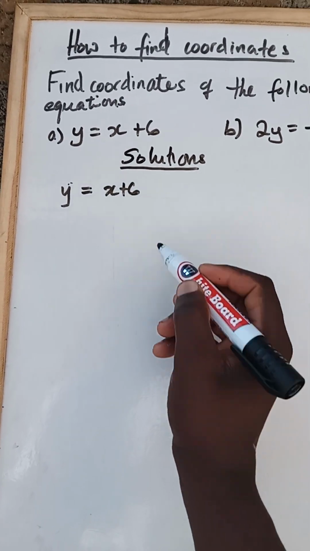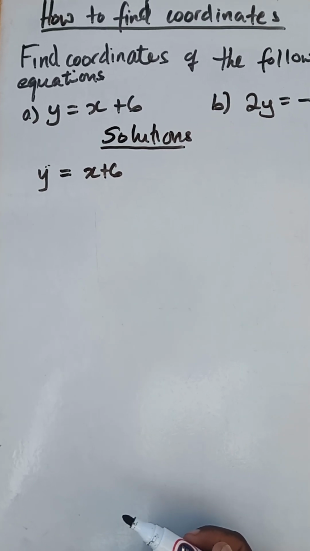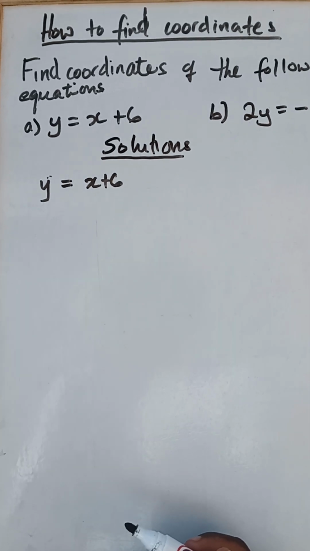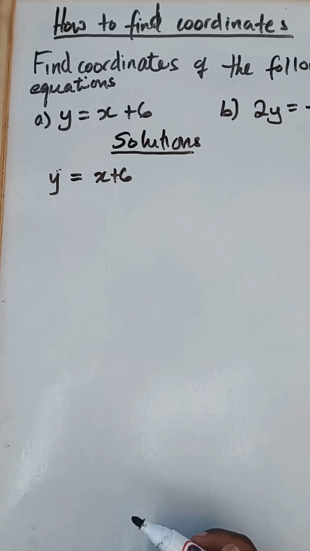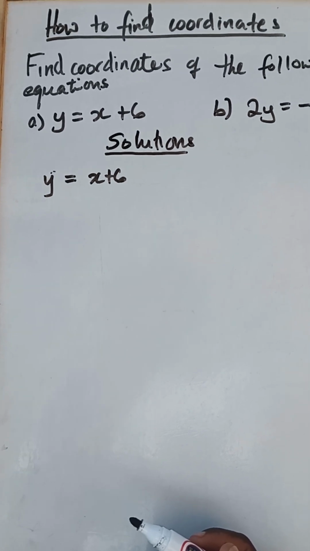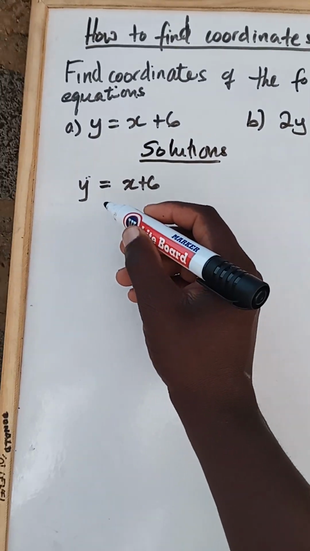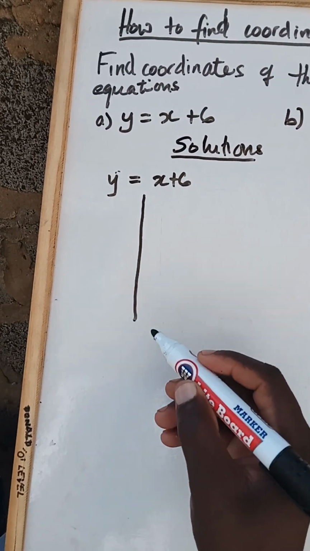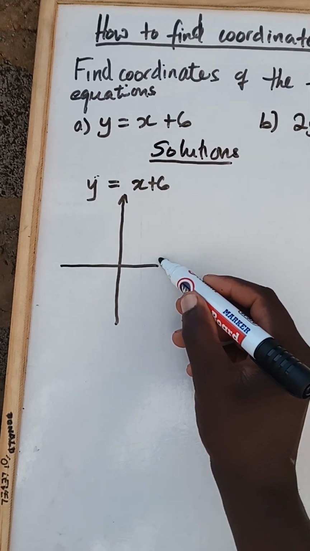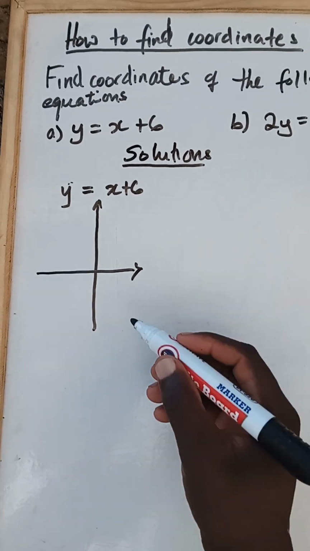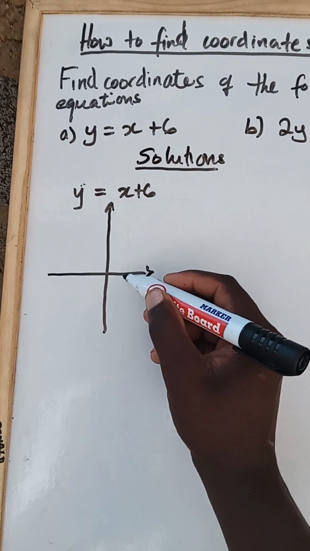In this case, we have only one simple way of doing this. Let us assume that the graph of this line cuts the x axis.